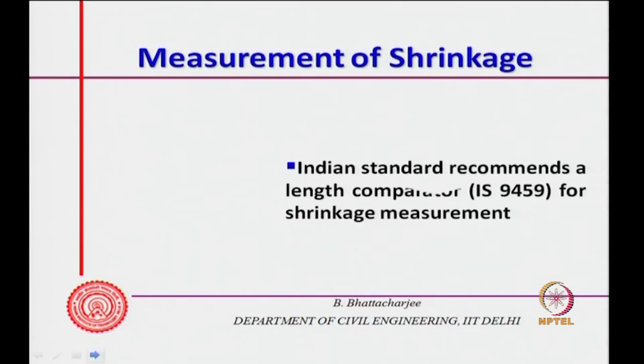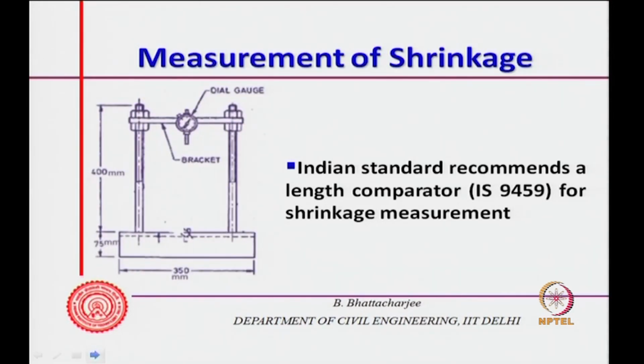Well, Indian standard recommends a length comparator, something of this kind, for shrinkage measurement. So, you have basically a dial gauge, you put your specimen here, and there is a standard, and any length change you can measure.